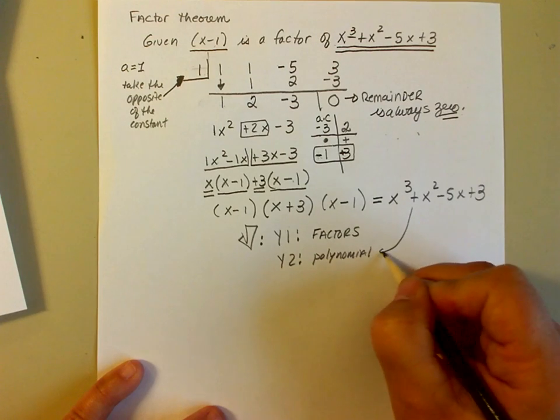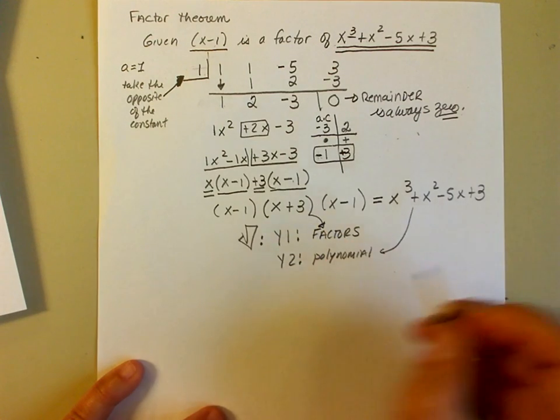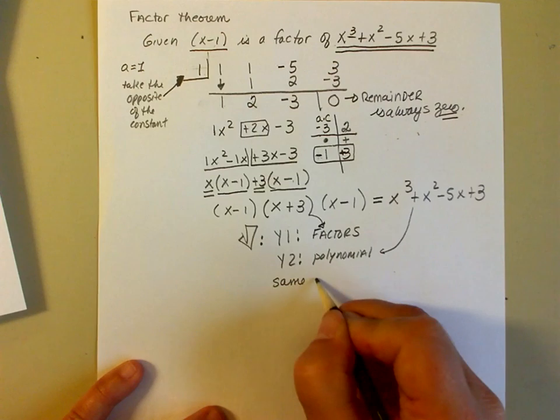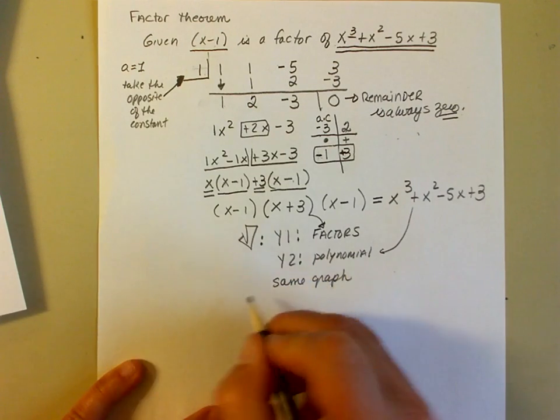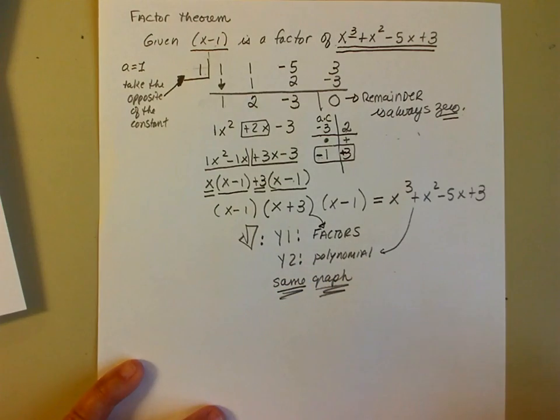So you'd type these in, and if you get the same graph, then you know that you've successfully factored using the factor theorem.